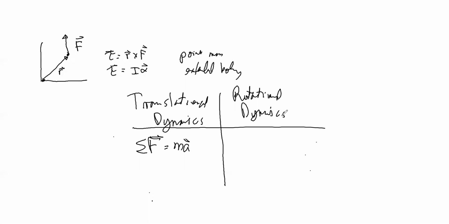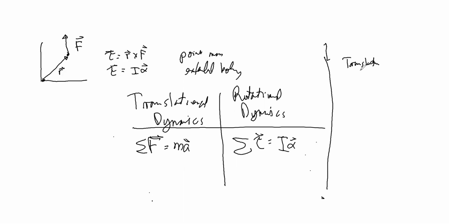And for rotational dynamics, as we talked about last time, the sum of the torques is I alpha, as vectors. All right. We also have for translational motion the momentum p equals mv.